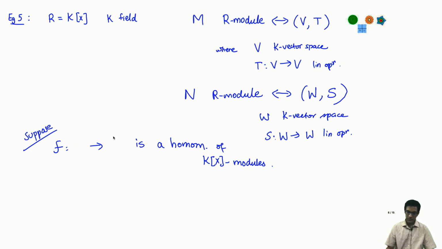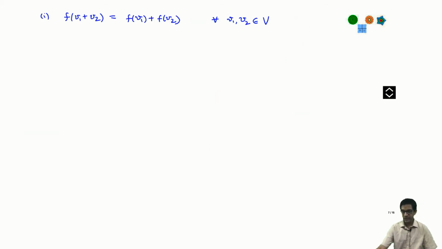So I should probably just replace M and N by the underlying vector spaces V and W. Okay, so the sets are V and W, and I have a map between them which satisfies these two axioms. Number one, f of v1 plus v2 is f(v1) plus f(v2). So this is the additivity. Second property is f of rv is r f(v).